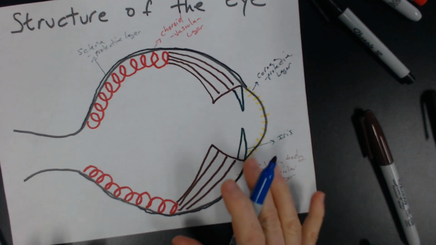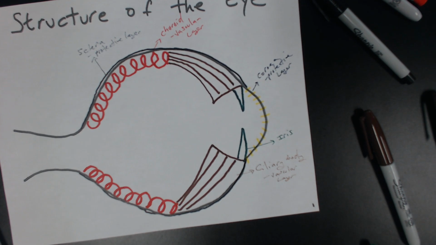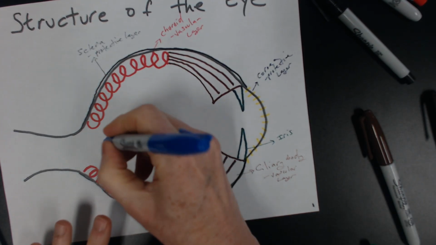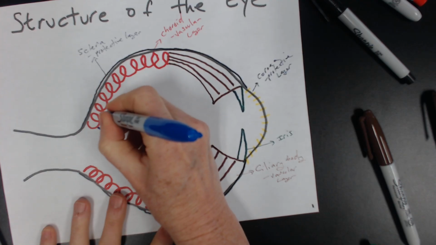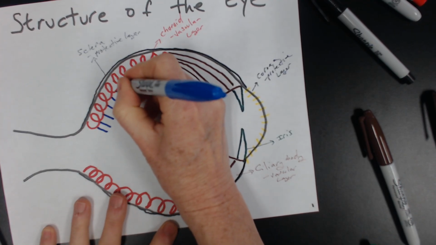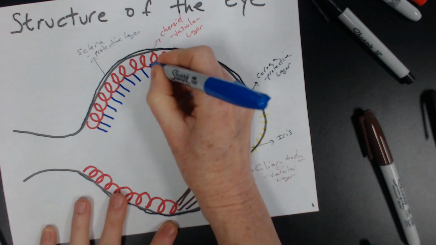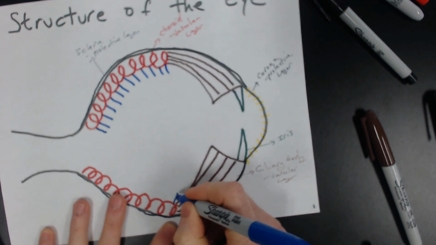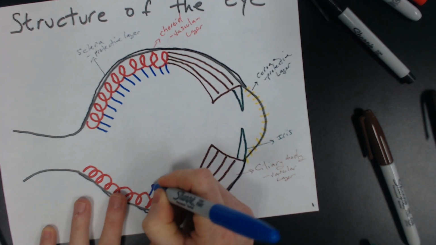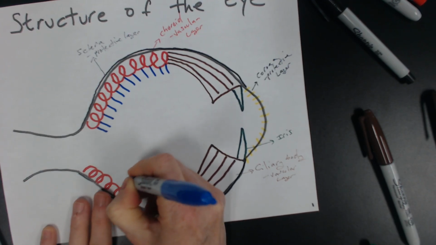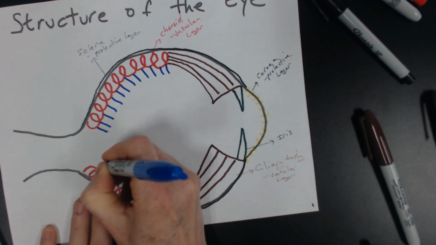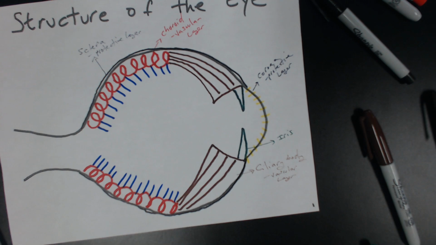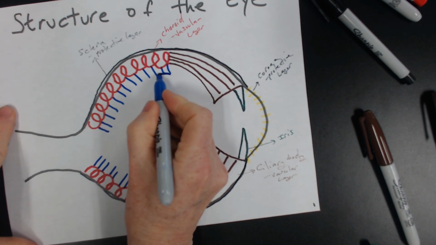Underneath the vascular layer is going to be another layer that's called the photoreceptive layer. And that's going to reside right here on top of this choroid. So these are all the photoreceptor cells. Okay, collectively, this photoreceptive layer, these cells are all coming together and they're known as the retina.